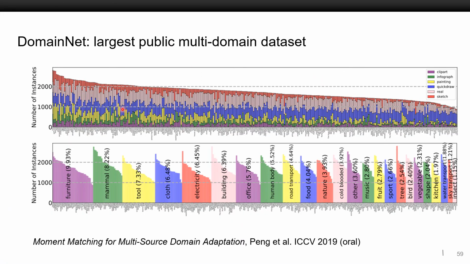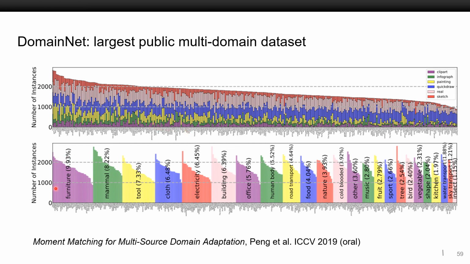This graph shows the number of instances by category. There are 345 categories, and the colors in the top graph indicate the proportion of instances in each domain. For example, pink is clip art, green is infograph, and so on.